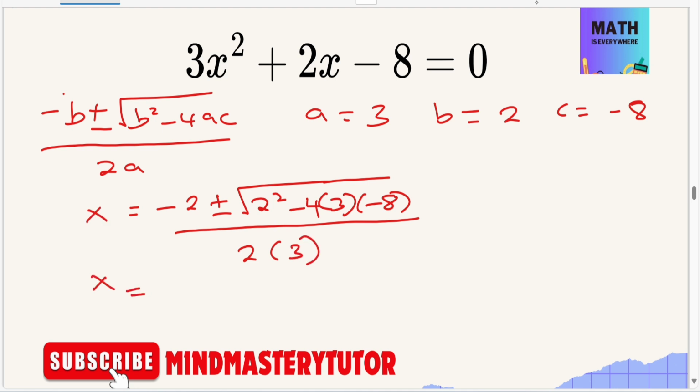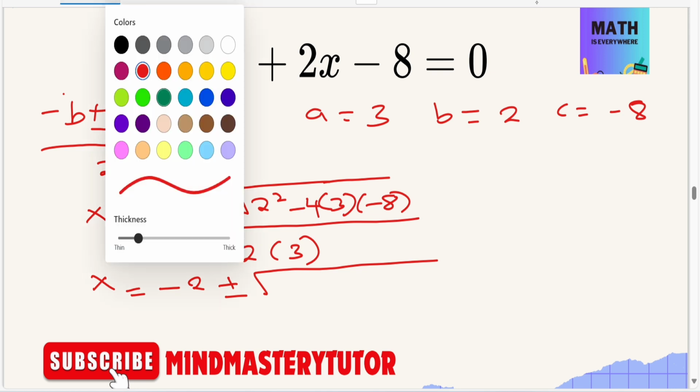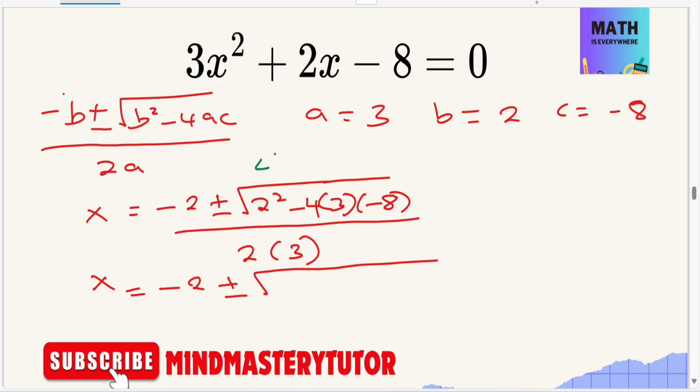So x equal to minus 2 plus or minus, ukiweka kwenye calculator hapa yote, 2 squared ni 4. So let me just use another pen. So 2 squared wajua ni 4 hapa, minus 4 times 3 ni minus 12 times minus 8 is around 96.